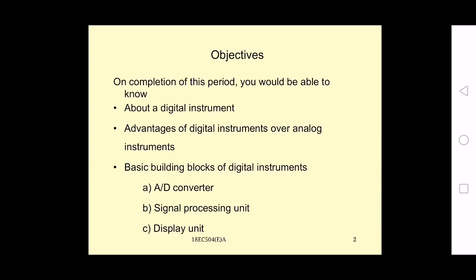On completion of this period, you will be able to know about the digital instrument, what the advantages of digital instruments over analog instruments are, and what the basic building blocks are to convert the analog input into the digital output. So the basic building blocks are the analog to digital converter, the signal processing unit, and finally a display unit.